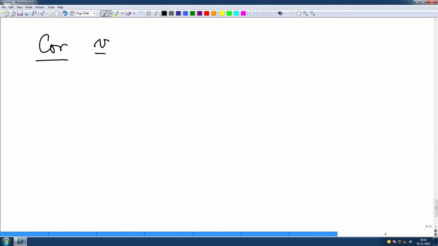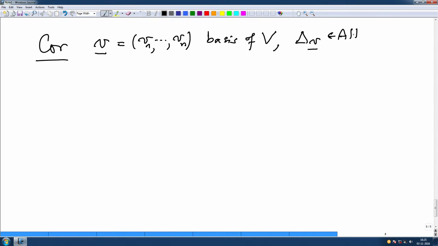Let V1 to Vn be a basis of V, and delta V be the corresponding alternating form with unique delta V evaluated on V1 to Vn is 1.